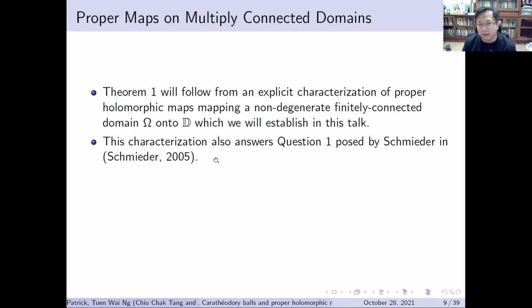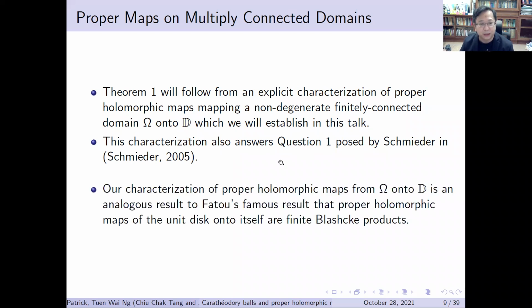And this is exactly what we were trying to do. So we eventually can get an explicit characterization of this kind of proper map on a non-degenerate finitely connected domain omega. This characterization also answers one question posed by Schneider in his paper, another paper.